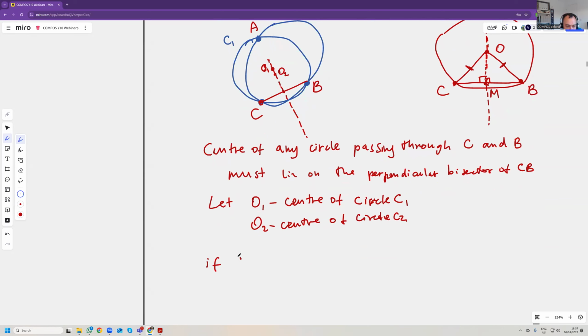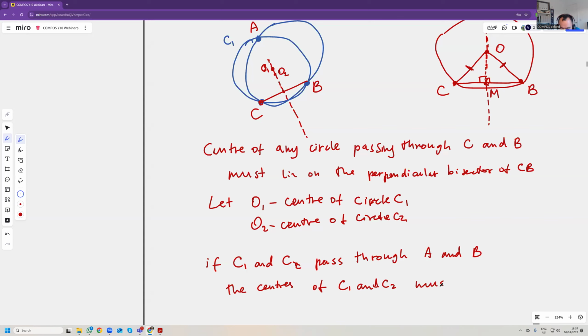So if C1 and C2 pass through A and B, the center of C1 and C2 must lie on the perpendicular bisector of AB.